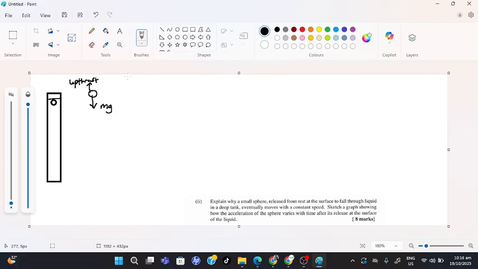So, a small sphere at constant speed. Can I make a note of this?